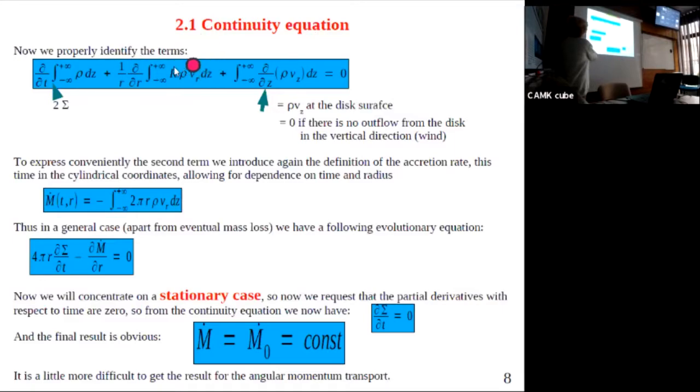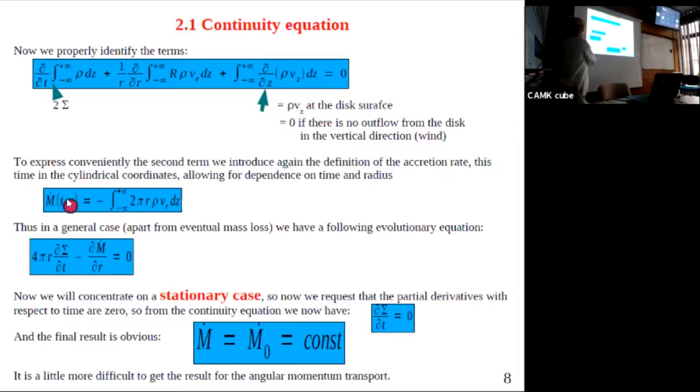And we have only to fight with this expression, which is not very nice. It should be small r. I thought I corrected that, but somehow, I don't know. Sorry for that small r. So again, we have to introduce the accretion rate, but this time we do it a bit more generally. Previously, we introduced stationary accretion rate.